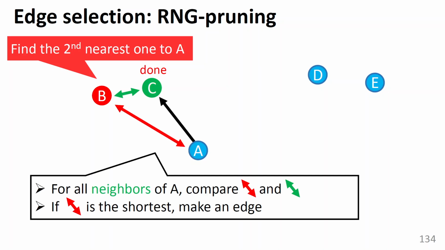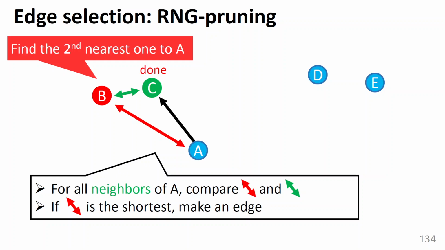So should we create an edge between A and B? We have to consider whether B is also very close to A's neighbor. The green line indicates what we should calculate when we consider node B: we should also consider the distance between B and A's neighbor.